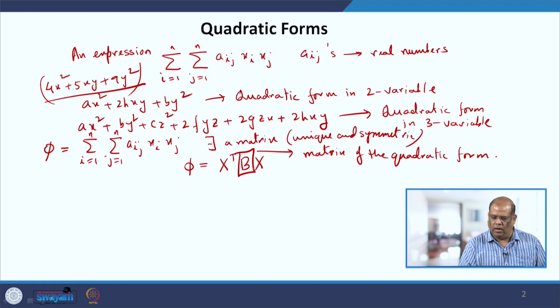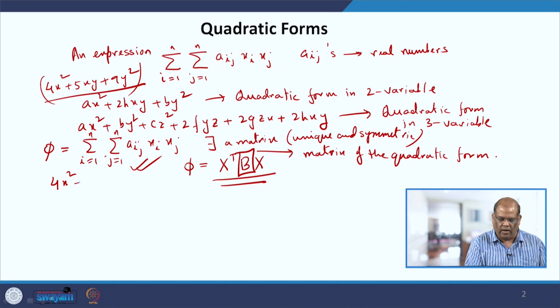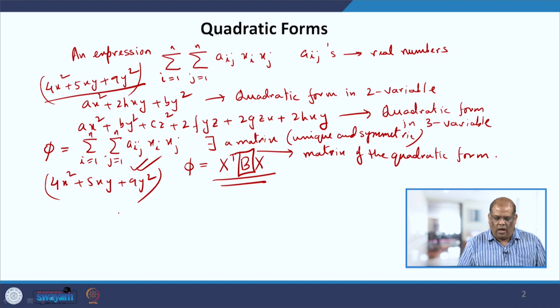So, how is this equal to this? Well, we can easily see it with the help of an example. Suppose I take this quadratic form 4x square plus 5xy plus 9y square, and I write b equal to the matrix a, h, h, b.